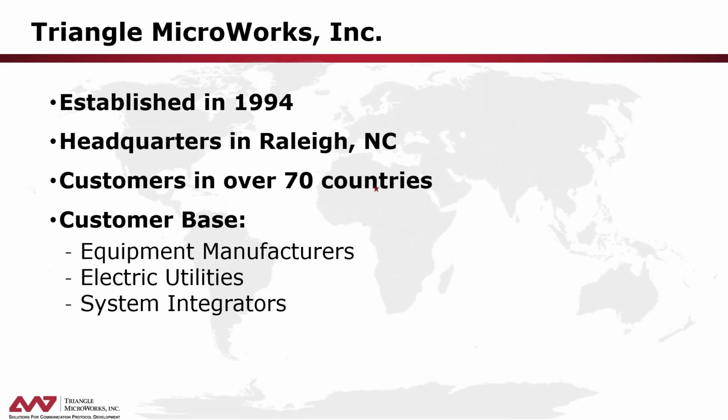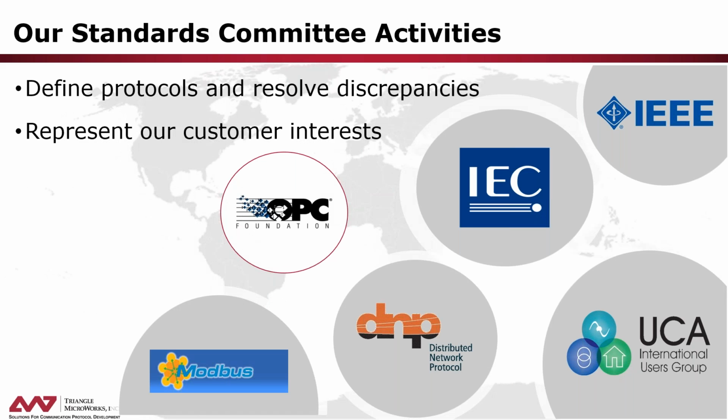First of all, a little bit of background on Triangle Microworks. We've been around for a little over 25 years now. We're based in Raleigh, North Carolina. And we serve a number of folks in this industry, primarily equipment manufacturers, but also end users, utilities, and system integrators. We serve all those worldwide. We build products based on open standards published by a number of different groups.